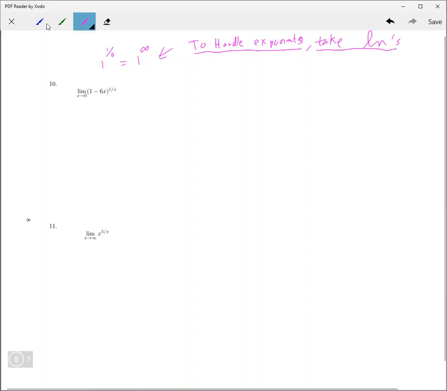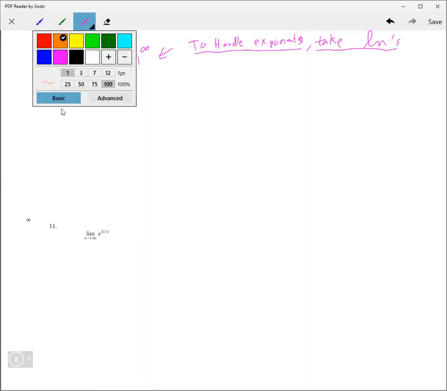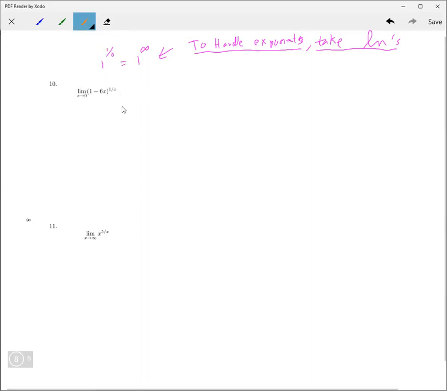So what you do is this. You let capital L stand for the limit. The limit as x goes to 0 of 1 minus 6x to the 1 over x.